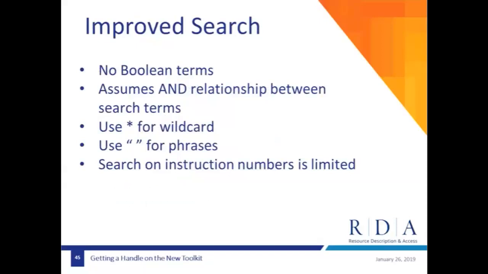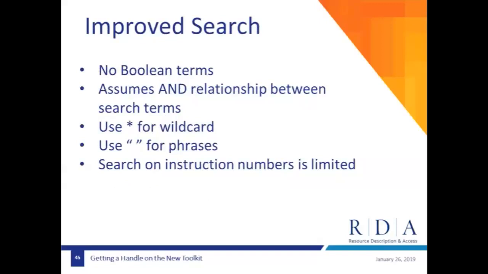This is how search currently works on the toolkit. Current search does not support Boolean terms. Rather, it assumes an AND relationship between any search terms you put in.